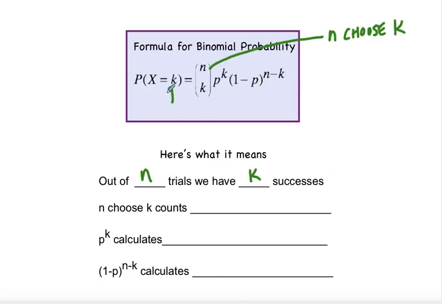So this k is the number of successes that I'm trying to find the probability of happening.